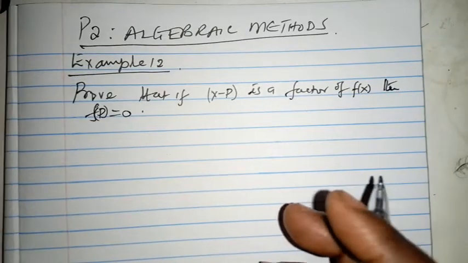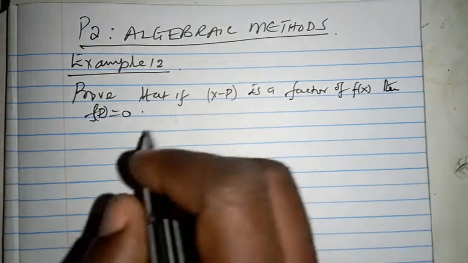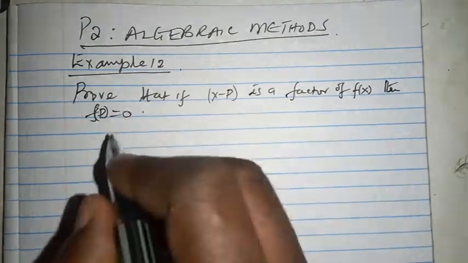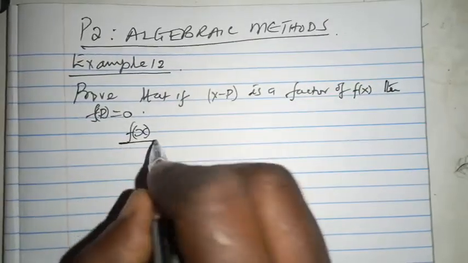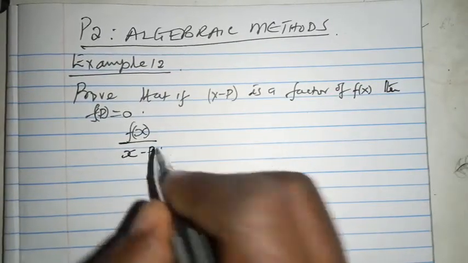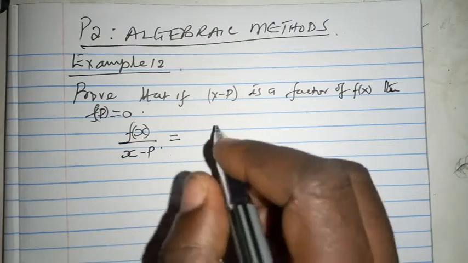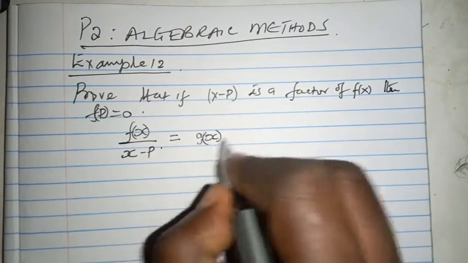And of course, it goes without saying that if we divide f(x) by x minus p, we are going to get another function of x.